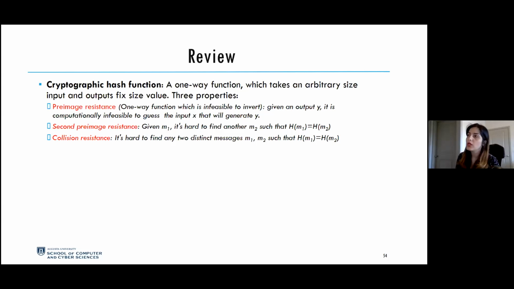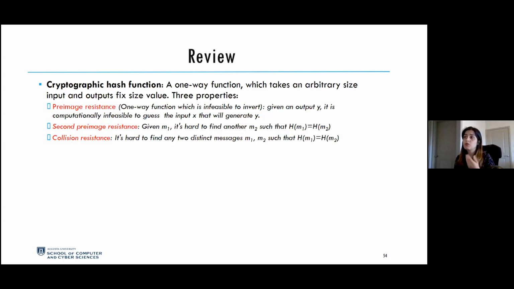your mind. We talked about the hash function, especially the crypto hash function. We said that a hash function generally is a one-way function. That is, when you give it an input of any size, you get a specific size output, and the output size will always be fixed.